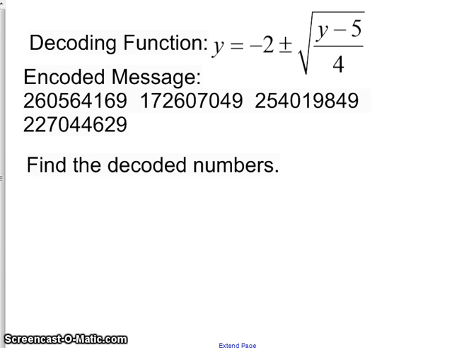Okay, so on my next screen, I brought over the same answer that I've already gotten when I did that for you on a different page. There's the decoding function. And here what I've got are these really big numbers.